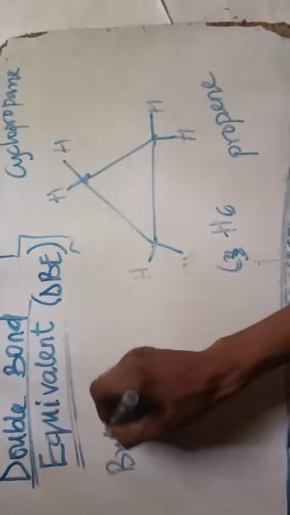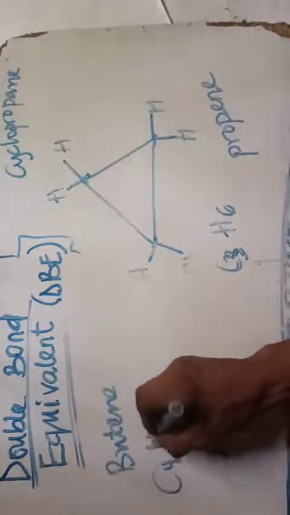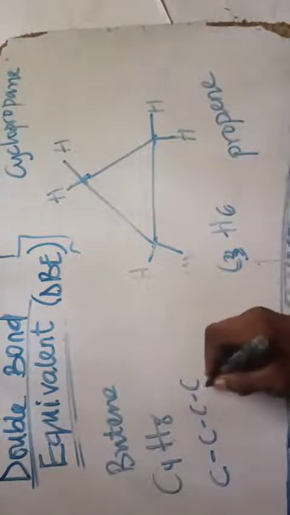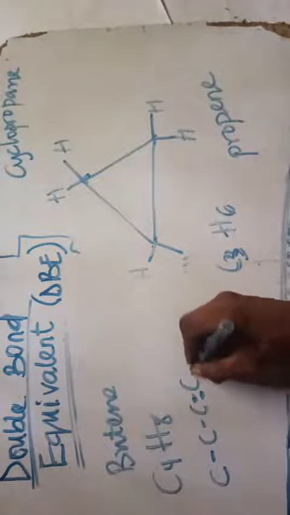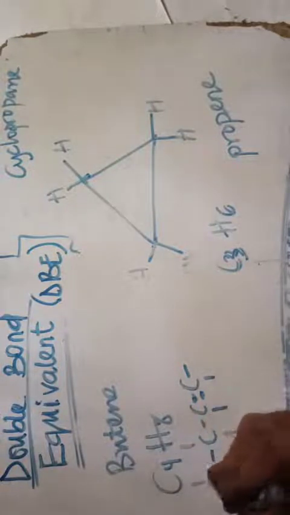So butane will also be how many hydrogen present? That is C4H8. That is, you have 1, 2, 3, 4. So you're going to have a double bond present here. You have 1, 2, 1, 2, 4. You have 1, 2, 3, 4, 1, 2, 3, 4.